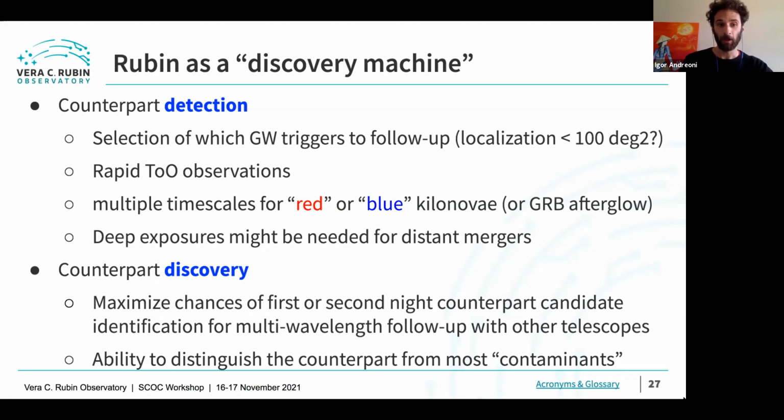In addition, I want to stress again that deep exposures, especially on nights after the first, might be needed, in particular for neutron star black hole mergers or the most distant events.